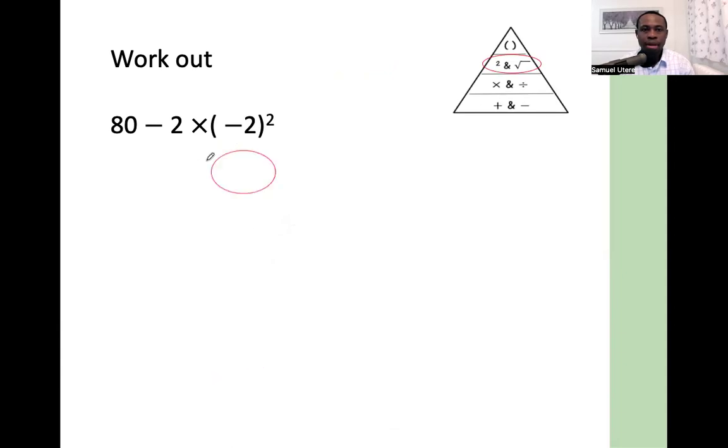For BIDMAS, the I comes after the B, so that has priority. And of course, you can see the bracket also has priority. So we'll get this result: 80 subtract 2 times 4. Of course, we'll do the multiplication next, and then we'll have 80 subtract 8.